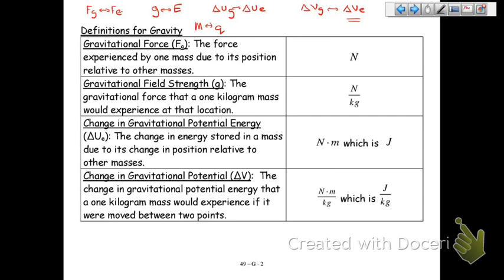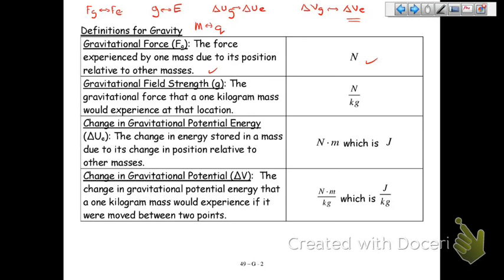So we say gravitational force. Well, what did we used to say? It was the force experienced by one mass due to its position relative to another mass. That was measured in newtons. Gravitational field strength, little g, was the gravitational force that a 1 kilogram mass would experience at that location.